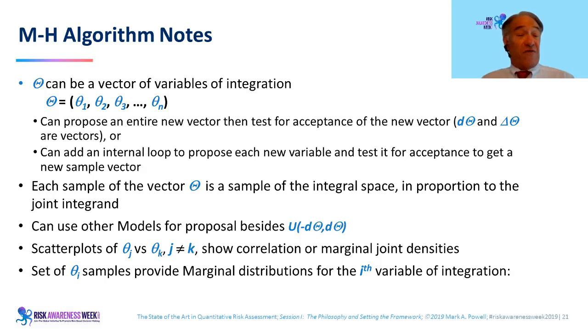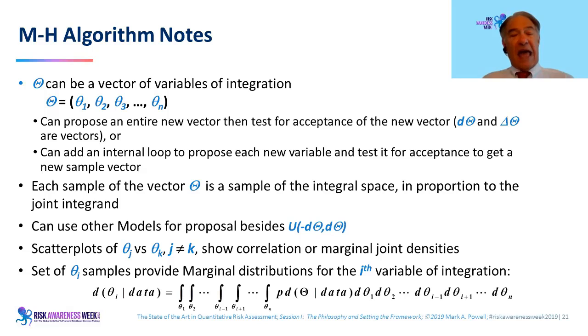The set of samples for a single variable actually gives us the marginal distribution for that variable. In other words, we can look at that by itself. And that is as if we have taken that integrand and integrated out all of the other variables. You'll notice here, this is the uncertainty model, or the marginal distribution for theta sub i, and you'll notice right there in the middle of all the integral signs, we're missing theta sub i. And out with all the differentials, we're missing d theta sub i.